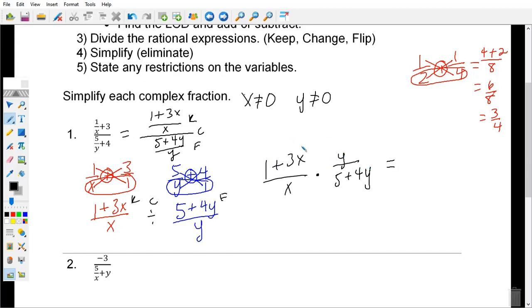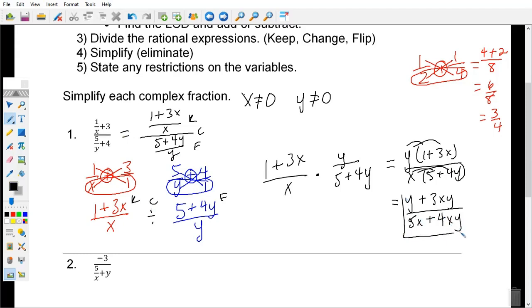If you're not good at distributing out normally, you can write it all out. So we have y times 1 plus 3x over x times 5 plus 4y. So my final quotient is, distribute, we get y plus 3xy all over, distribute, 5x plus 4xy. And that is your quotient.